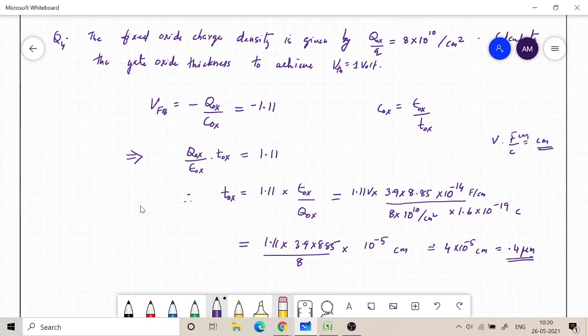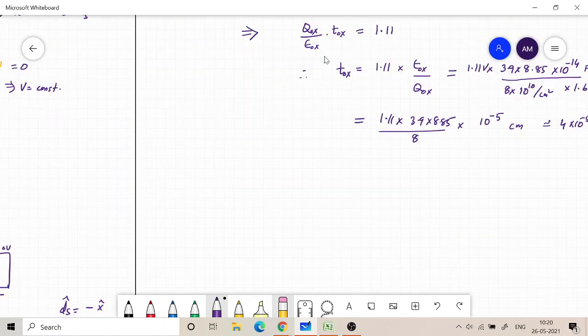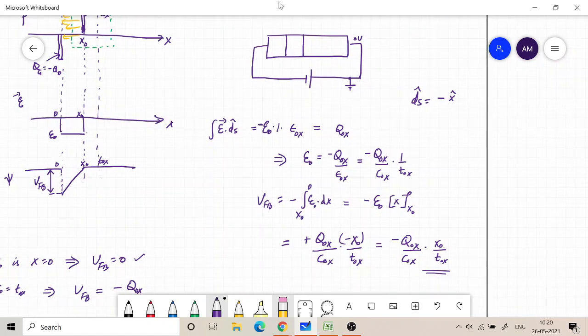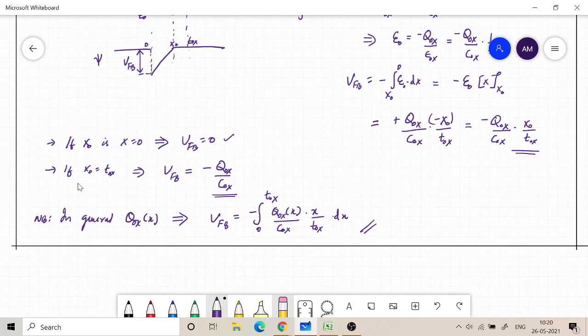Okay, so I have taken the location x0 as TOX. I told you, if x0 is equal to 0, then the flat band voltage is 0, but if x0 is equal to TOX, then it will be QOX by COX. That's what I have taken, because our actual formula depends upon the location, but if x0 becomes TOX, we get the simplified formula minus QOX by COX.